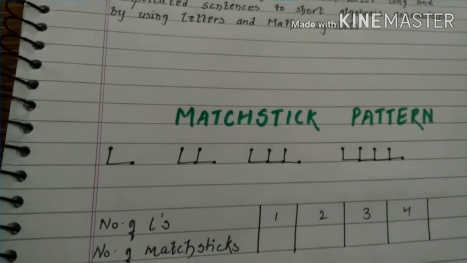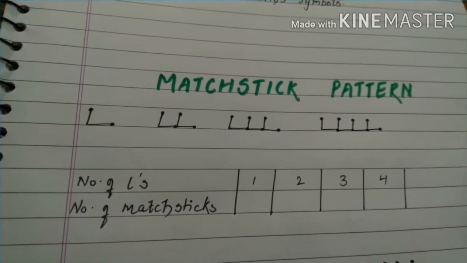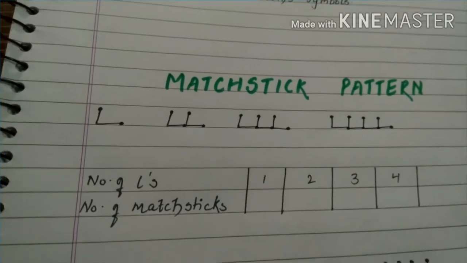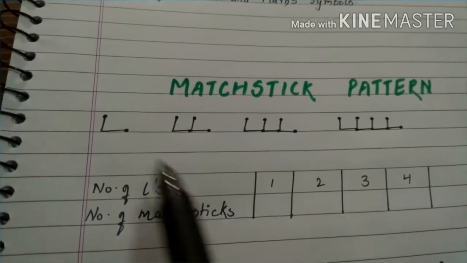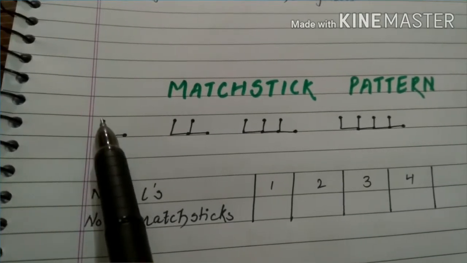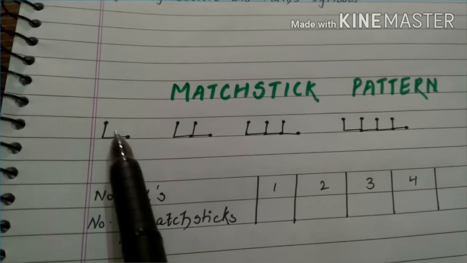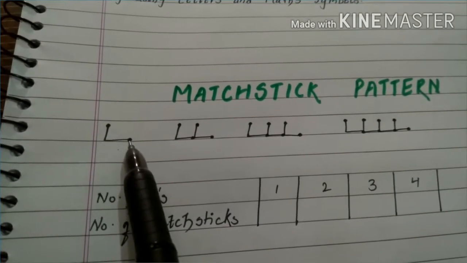So let's start understanding the basic matchstick pattern in algebra. Here you can see, if we start by making this L, it can be made by 2 matchsticks.